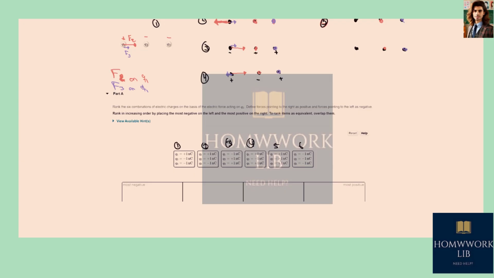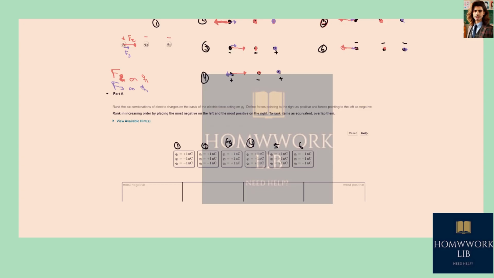So what is going to occur is that they are going to repel each other, and the magnitudes are going to be the ones shown over here. A small purple arrow to the left and a large red arrow to the left. And finally, for 6, all of the charges are going to be negative. So they're again going to repel each other. And the conditions are going to be the same.